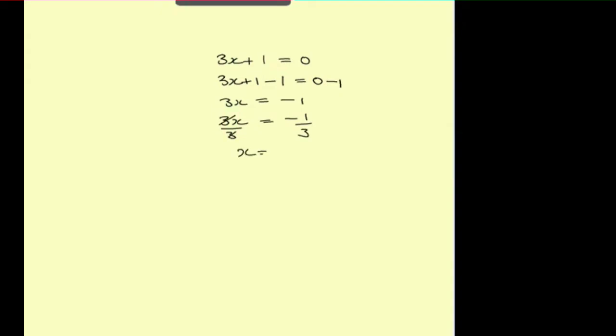So x equals minus 1/3. And then the other factor, x plus 2 equals 0, so we take 2 from both sides. So the solution is x equals minus 1/3, or it equals minus 2.